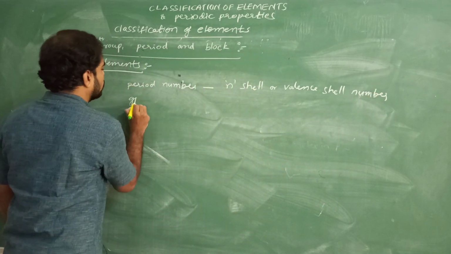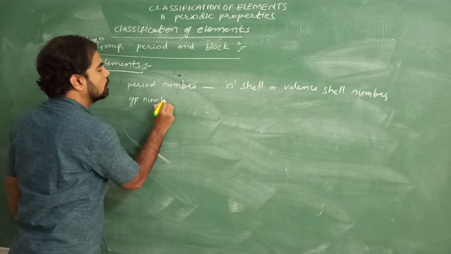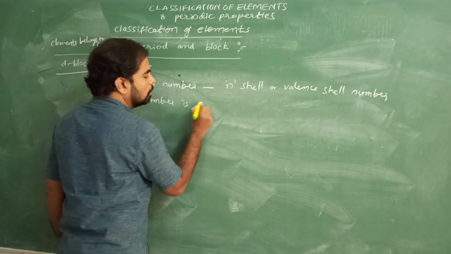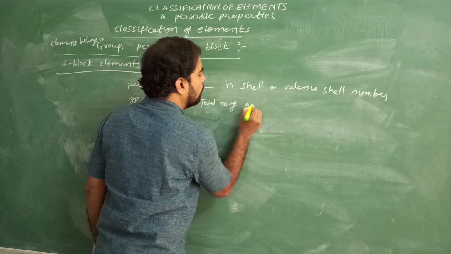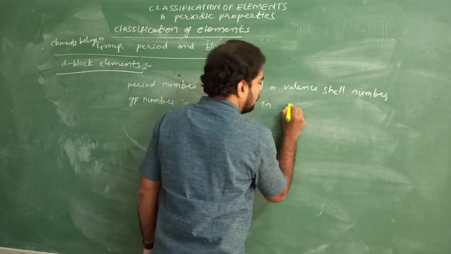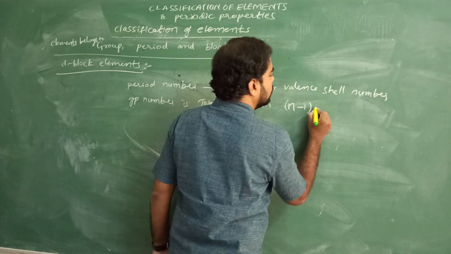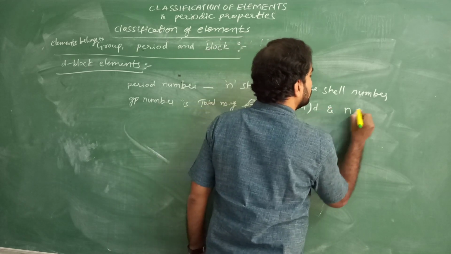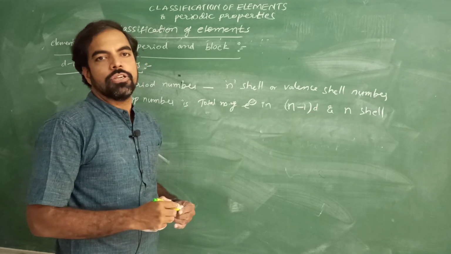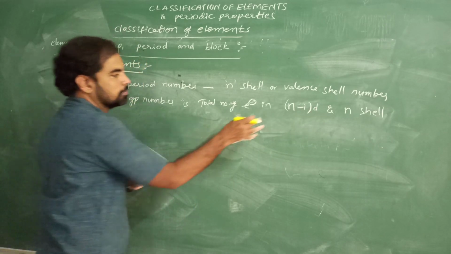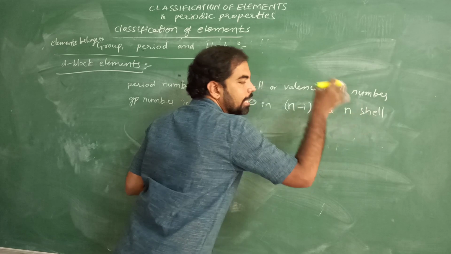For the group number, it is the total number of electrons in the (n-1)d and n shell. The total number of electrons present in the (n-1)d shell and n shell.